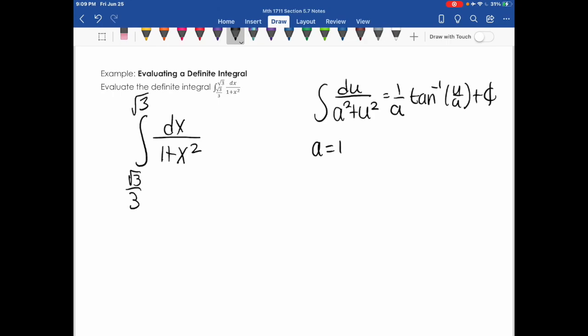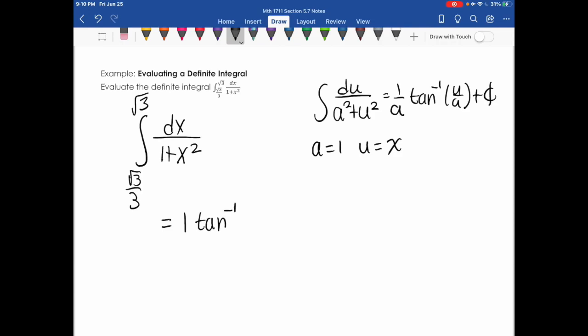Now, it doesn't look like we have any inner functions that we have to worry about doing any u substitutions. I can see that my a is going to be 1, and my value of u is going to be x. So I can just do a direct substitution here.